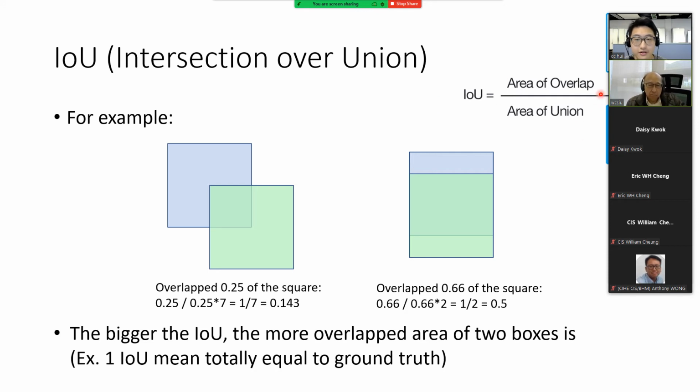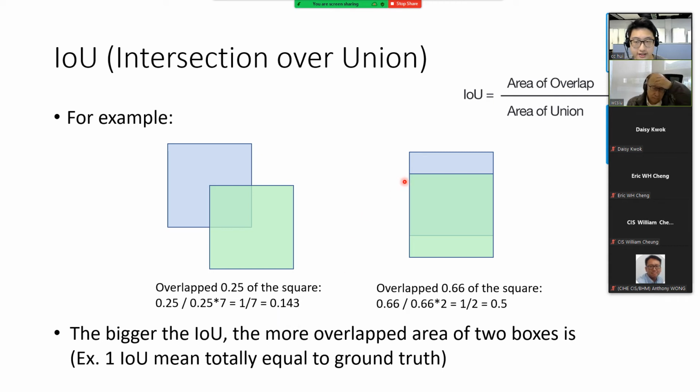Here let's look at an example. Here are two boxes, overlapping 0.25 of each of them. If we calculate it, it equals 0.143.